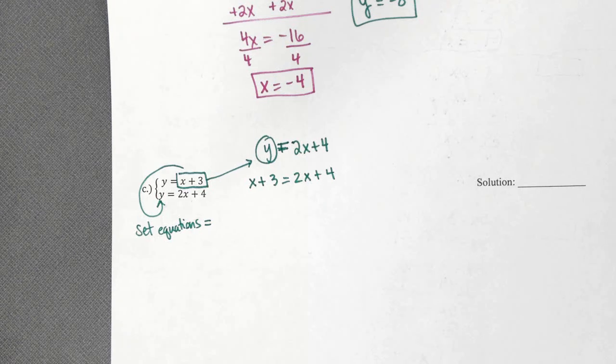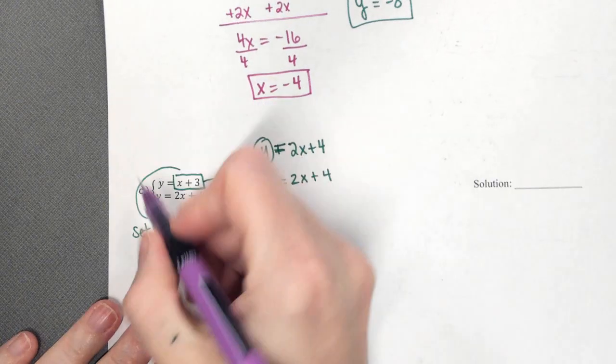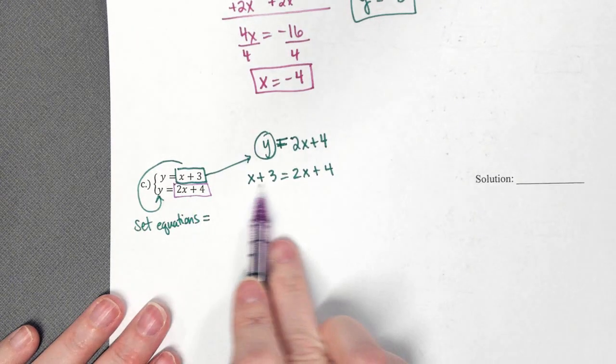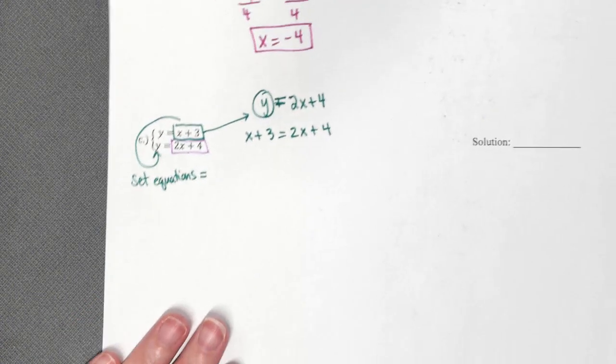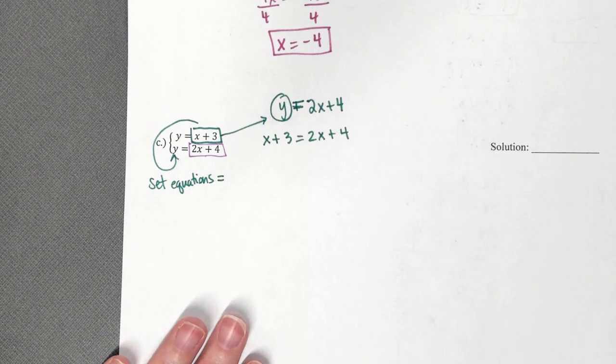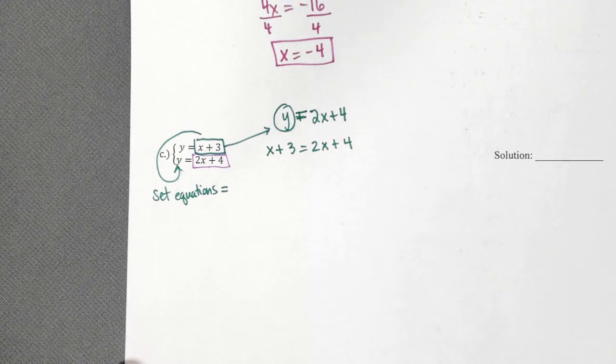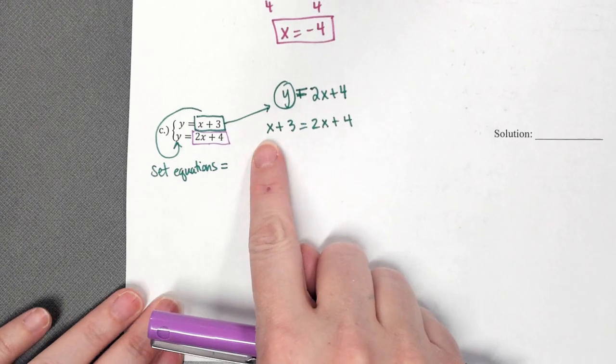Okay, so what really happens here is if you have y equals and you have y equals, you're going to set these equal to each other, and then you have to solve for x. Now you can do this in one step or two. You just have to choose what side you want the x's to go to, and it really doesn't matter.